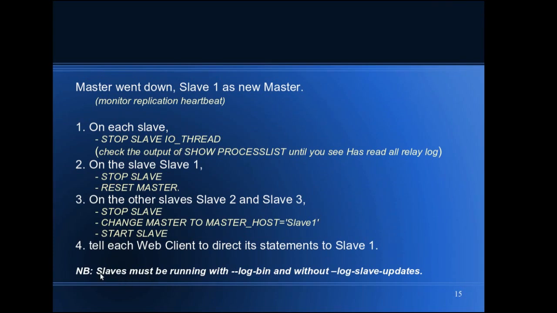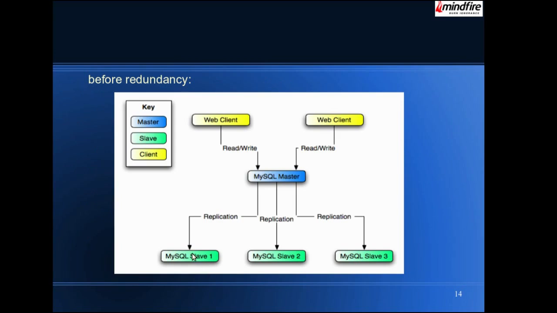Obviously, there is a note: while we start the slave server, binary logging must also be enabled on all the slaves that we may promote to act as a master. In this case slave 1 may work as a master, so binary logging must be enabled on slave 1.